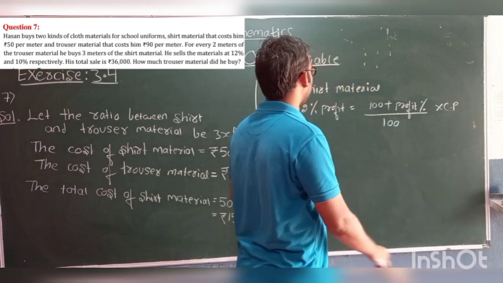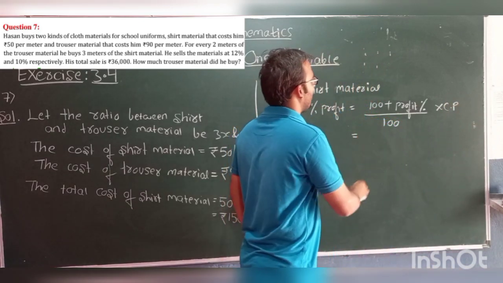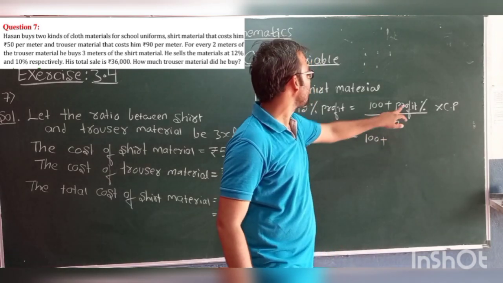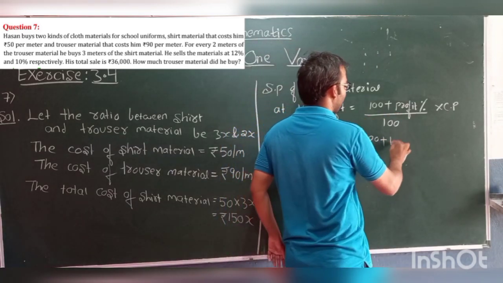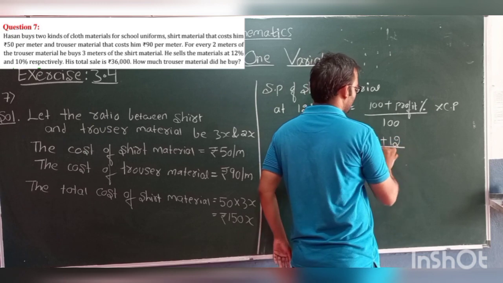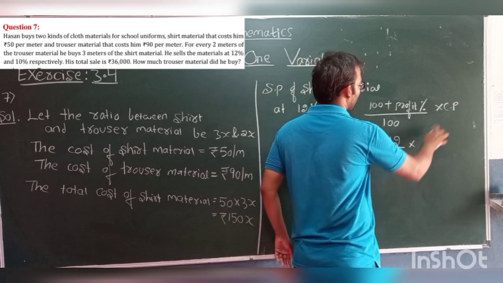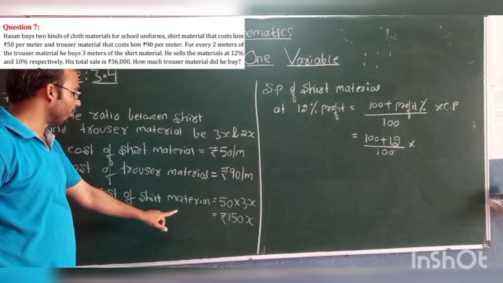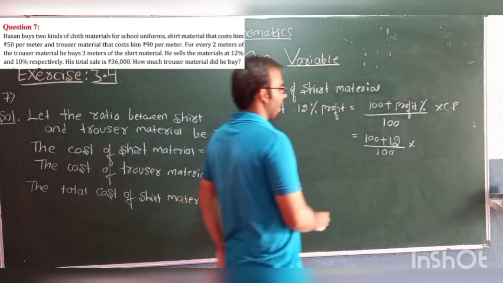Okay, so now 100, and what is the profit percentage, students? 12%, no? So divided by 100 into cost price. Look at here, the total cost price of shirt material is how much? 150x.